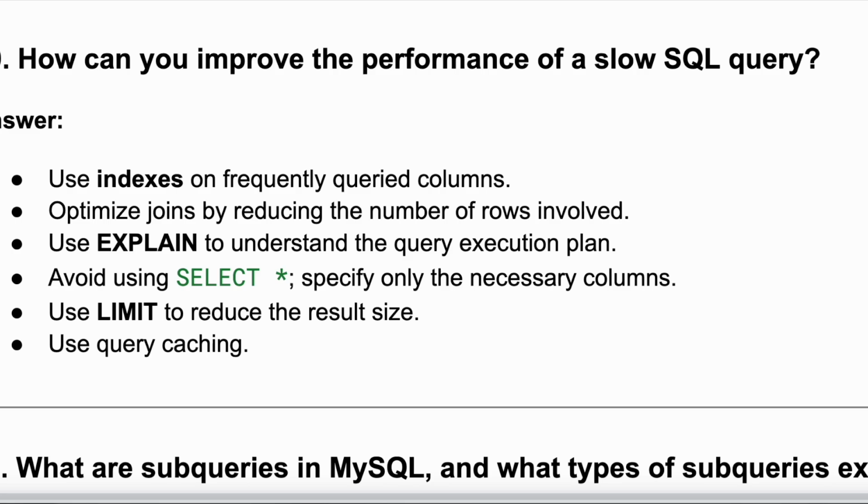So always specify the necessary columns which are needed in the result set, and then use LIMIT to reduce the result set. I have already told the purpose of limit. And then you can also use query caching, which can also help improve the performance. These are a few ways by which you can play around with the query to improve its performance.